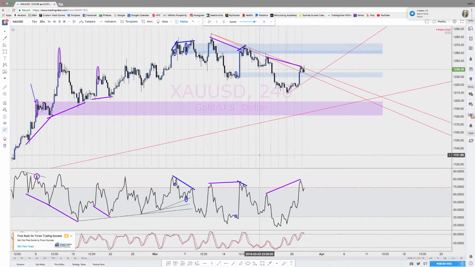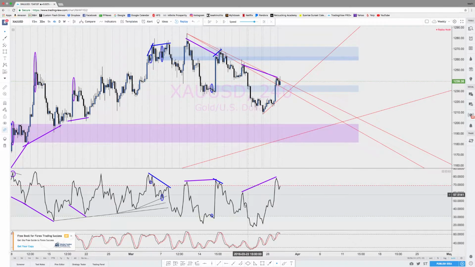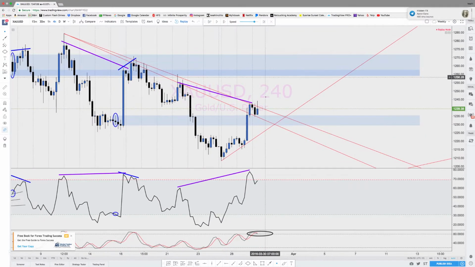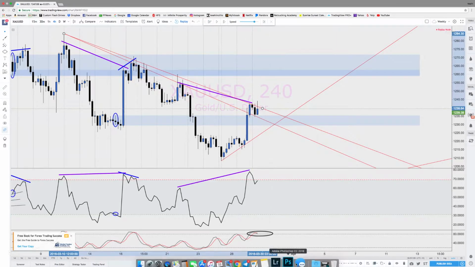Now, based on where price action is now, and this bearish hidden divergence, my stochastic is overbought. And off of the bearish hidden divergence, I see a potential bearish regular divergence forming, still controlled by this bearish trend line here.